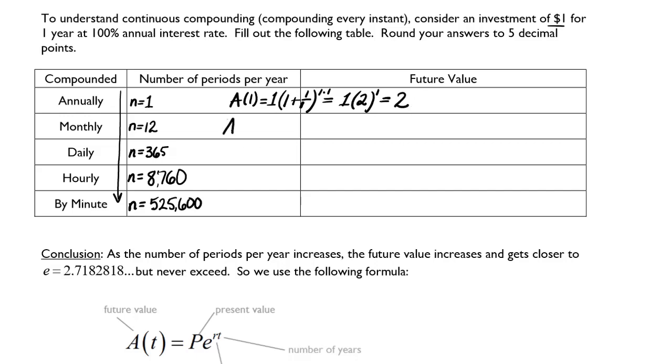I'm going to continue this process for each n value. $1, 1 plus 1 over the number of compounds 12 raised to the 12 times 1. And I'm going to do this all in one step at the end, but for now I'm going to write out what I'm calculating in the formula. Notice that the 365 is in the denominator, and so are all these compound values. It's also the exponent.